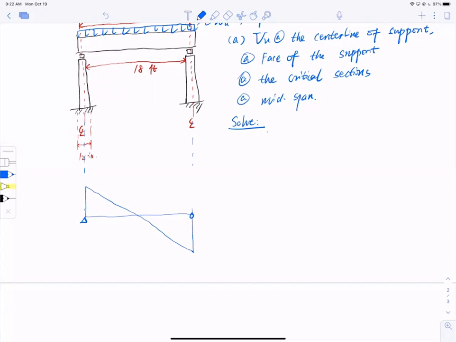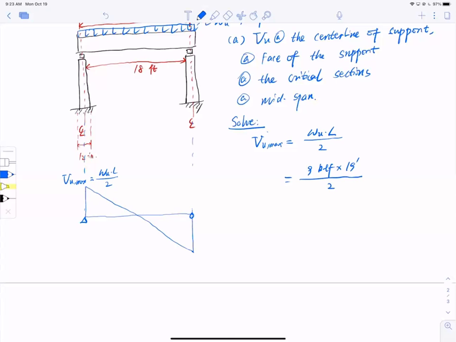So I will go ahead and say Vu. I know from the simply supported beam condition that it is omega u multiplied by the length of the beam, divided by 2. So this right here, Vu max, equals omega u L over 2. Now omega u is 9 kips per linear foot, and the span length is 19 feet. This is from center to center of the support, divided by 2.